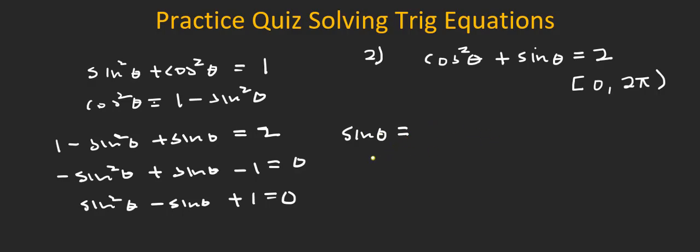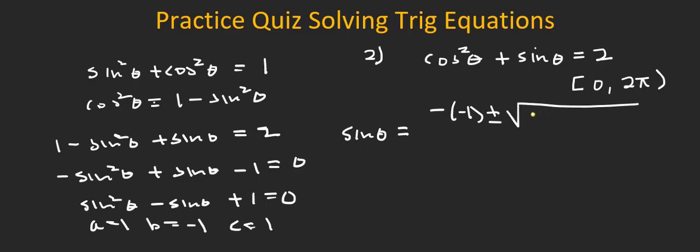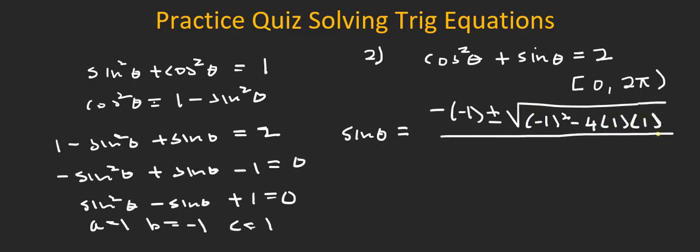negative. Okay, first of all, what is A? A is 1. What is B? Negative 1, and C is 1. So negative times negative 1 plus or minus the square root of b squared minus 4ac all over 2a.